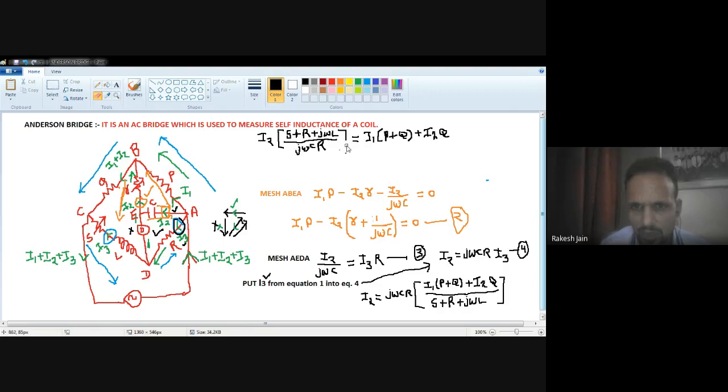So we will have minus Q, because I2 will be common. When I move this term, only minus Q will be remaining in the bracket.